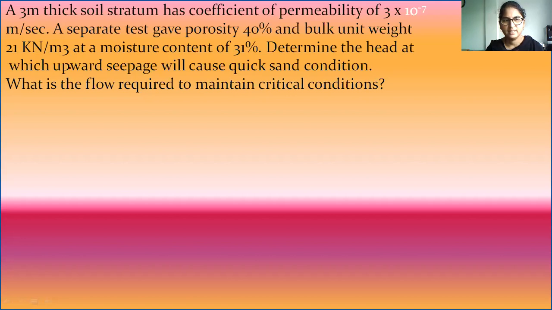Determine the head at which upward seepage will cause quicksand condition. What is the flow required to maintain critical conditions? So this is the problem given. So write the given data.